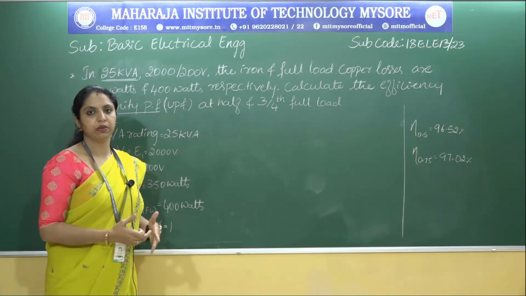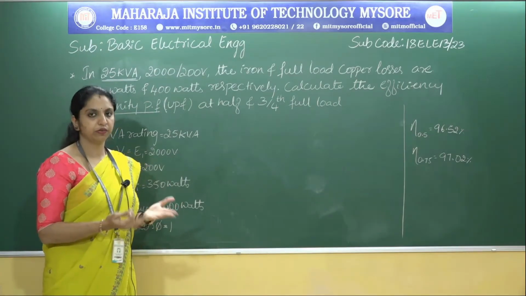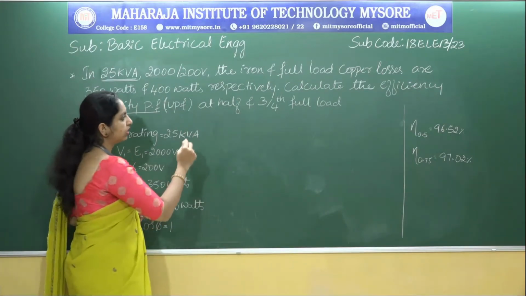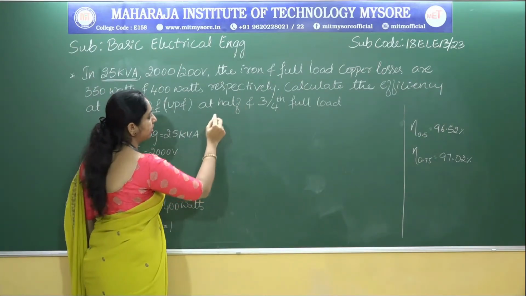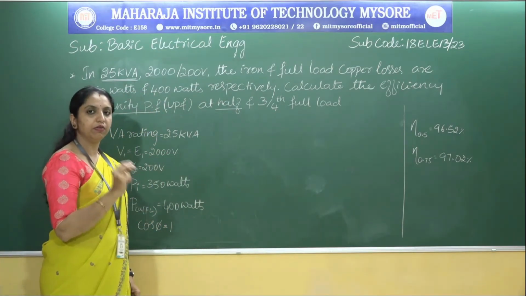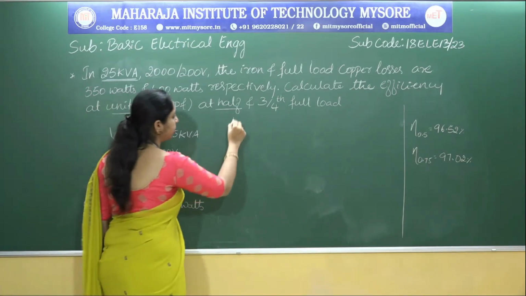As I have already explained the concept of fractional load and full load, based on that we need to have the equation. So let us calculate the efficiency at half load. Whenever we find the efficiency for half load, N should be considered.